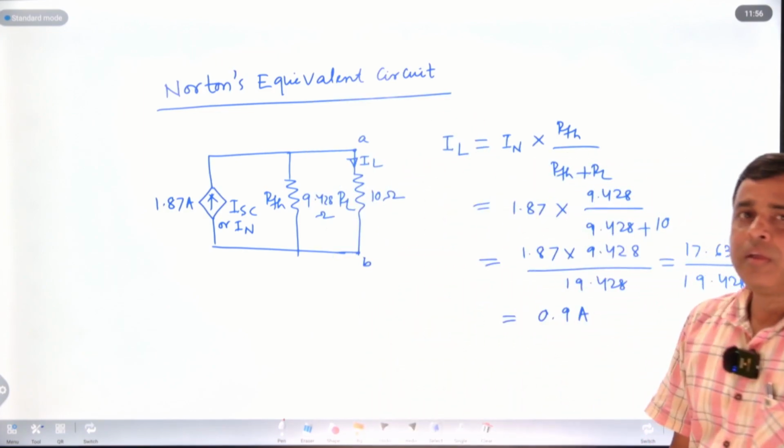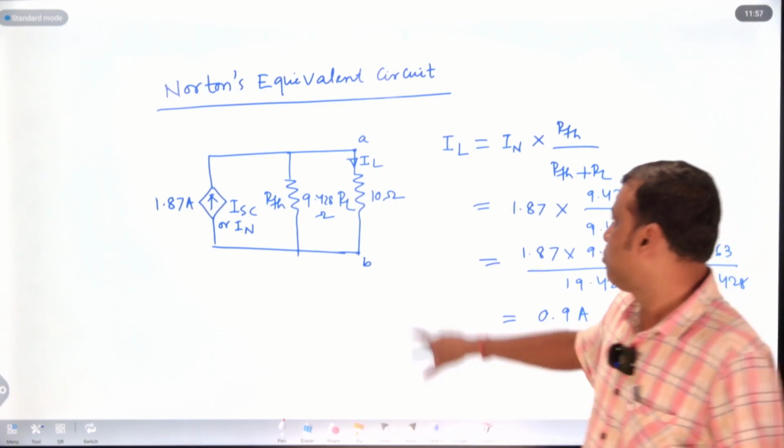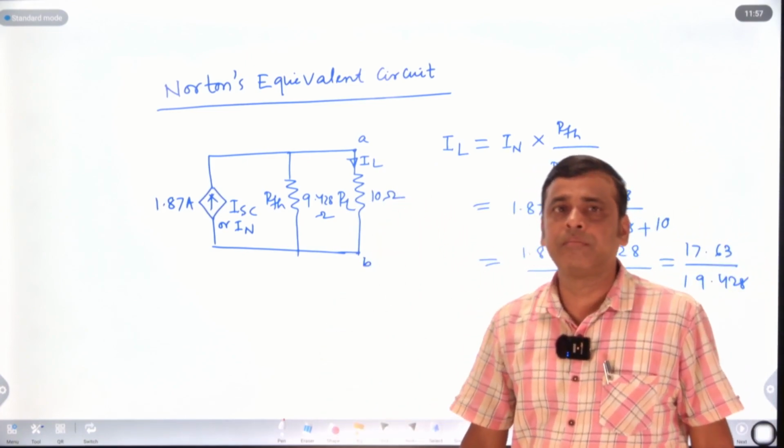In this way we calculate the current flowing through the 10 ohm resistor by using Norton's theorem.